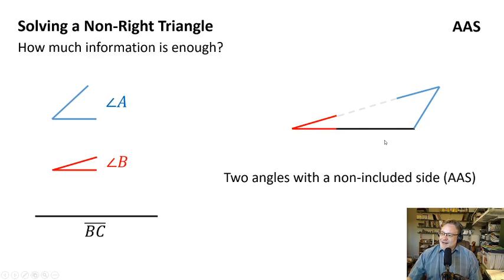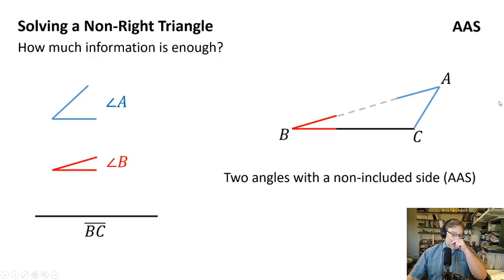You can see that there's really only one way to put these three things together, and that's our triangle ABC. You might also remember angle-angle-side as another theorem from geometry: if you could match a pair of corresponding angles, another pair of corresponding angles, and a pair of corresponding sides in two triangles, then you could conclude that both triangles were congruent, exactly the same size and shape.